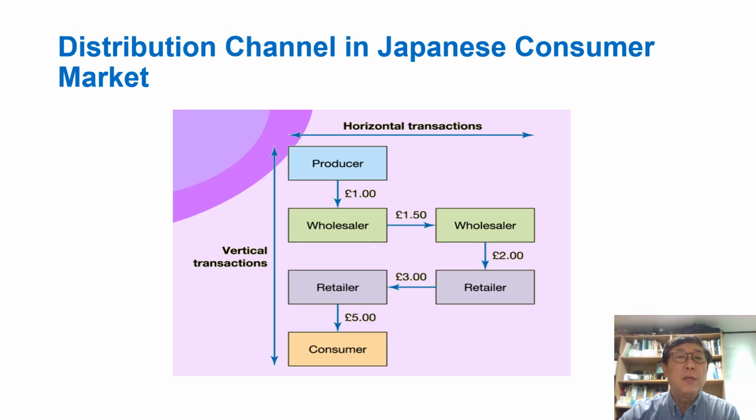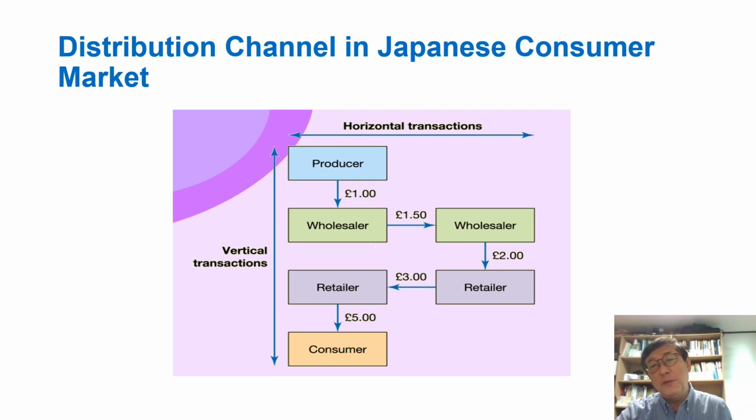This is an example like Japan. This is what we call a conventional distribution channel: producer, wholesaler, retailer, and consumer. But with a number one wholesaler, number two wholesaler, number one retailer, number two retailer. So the Japanese distribution channel is very complicated.